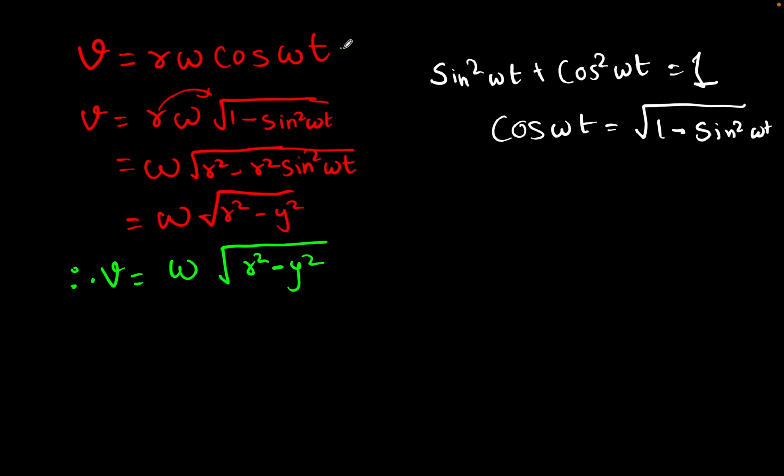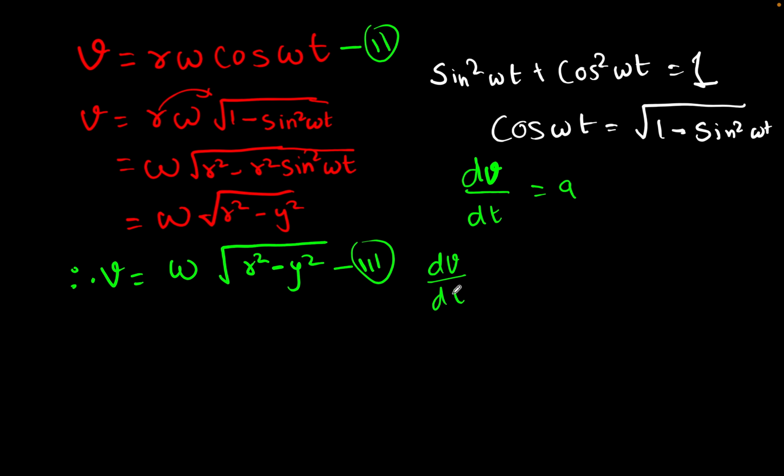Let's take this as equation 2 and this as equation 3. Now if we again differentiate equation 2, we know that the derivative of velocity per unit time is going to be our acceleration. So if we differentiate this, we get dv by dt is equal to d/dt of r omega cos omega t.